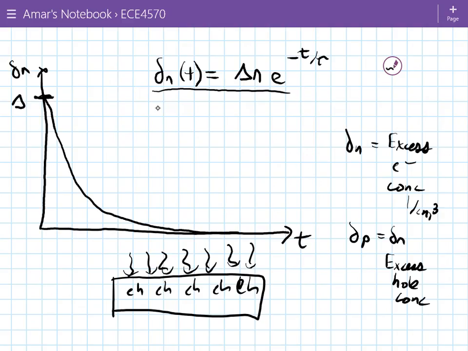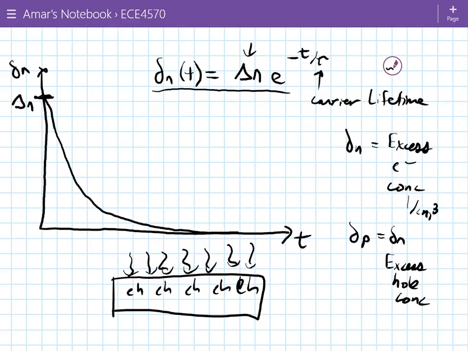That's this part of the equation. As time goes on, the excess carrier concentration decays exponentially, according to this time constant, the carrier lifetime.